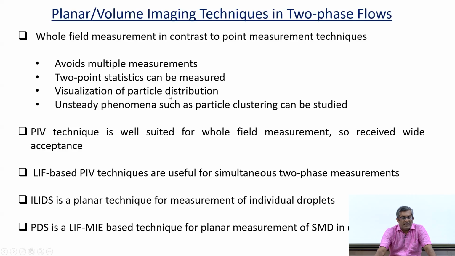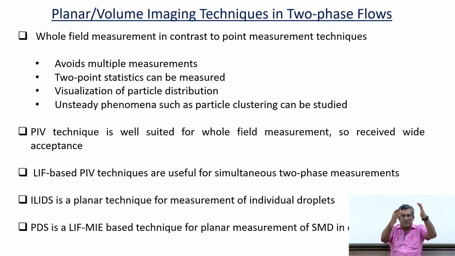Inherently, we can visualize the particle distribution because these are imaging based techniques. We can actually see how the particles are distributed, which is not possible in the case of single particle techniques instantaneously. But still, PDPA can give you, for instance, the average number density or average volume fraction or mass concentration as I have shown.